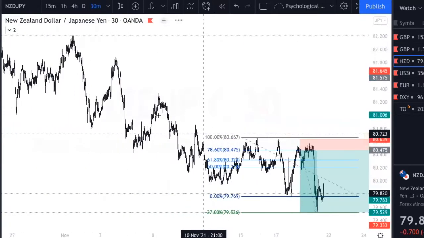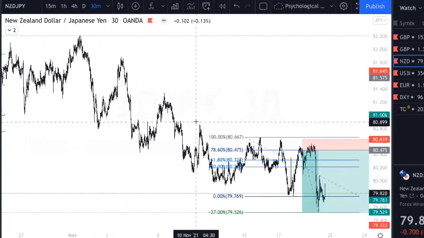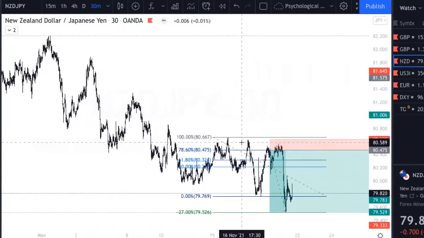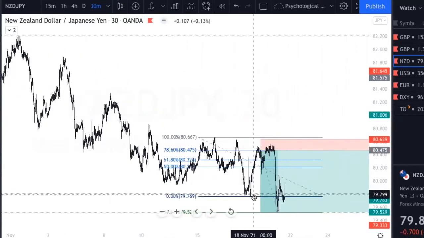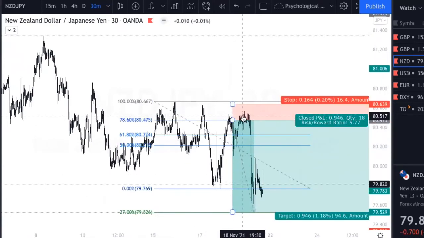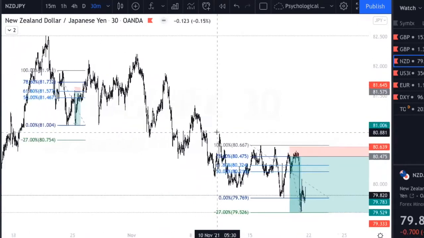So I was looking at what price had been doing. Price had been moving in waves going down. So what did I anticipate price doing once it broke structure and came lower here and retraced upward? I anticipated it doing the same thing it had already been doing over the past week or so.